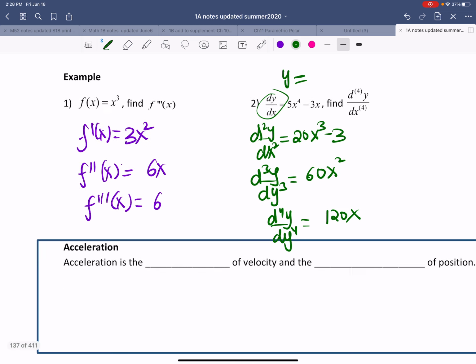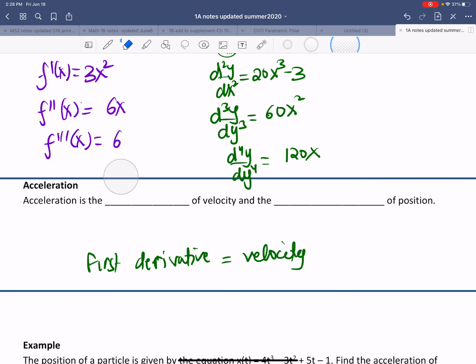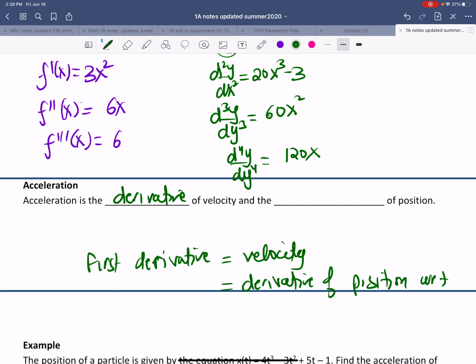Acceleration and velocity. Velocity is the rate of change. So the first derivative is the velocity, at a point or in general, which is the derivative of the position function, the derivative of position with respect to time.